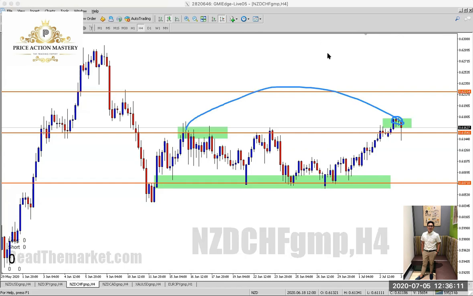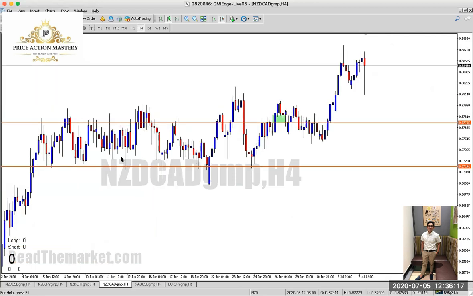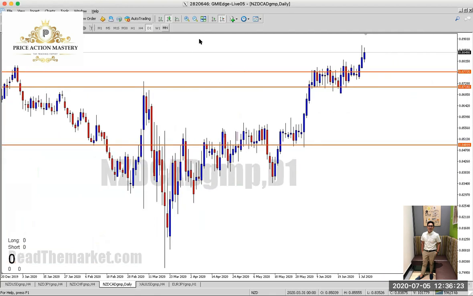So just follow the trend. And like this CAD, very clear uptrend, because even though the market is trapped here, it is still following the trend. This is the importance of following the trend.